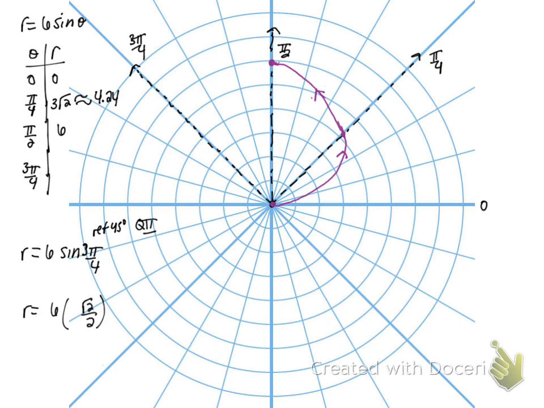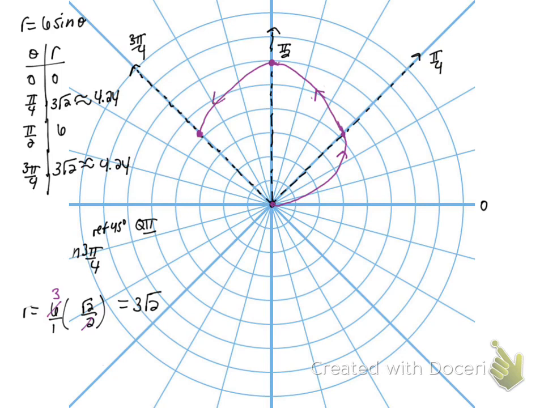And using our All Students Take Calculus, we see that sine is positive, so we keep it as positive root 2 over 2. Think of this as over 1. I'm going to reduce the 2, and we'll reduce the 6 to 3. So again, we're looking at 3 square root of 2, and I'm going to approximate that at about 4.24. So now we're looking at this point. At 3pi/4, I'm going to count out 1, 2, 3, 4.24 would be about here. So I'm going to connect that.